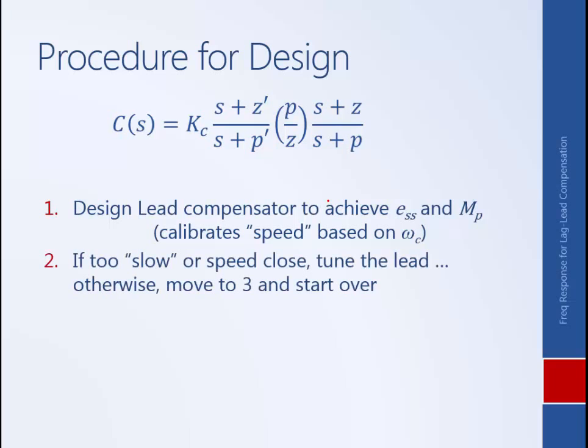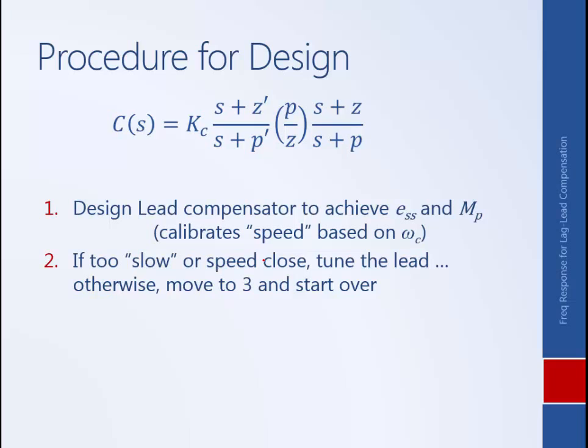In the second step, we look and see how well the lead compensator works. Is it close to meeting our requirements? In this case we're really trying to achieve three things simultaneously. Previously we were only trying to achieve two things, but now we're going to try to achieve three because we have this extra degree of freedom.